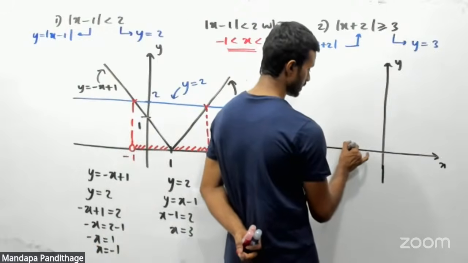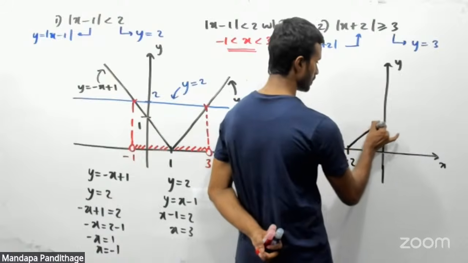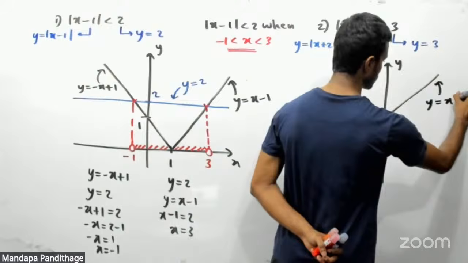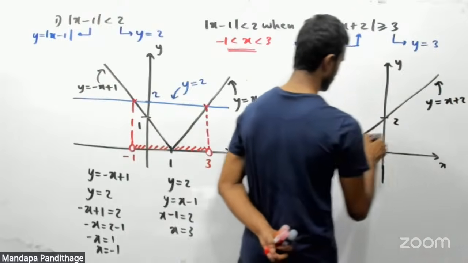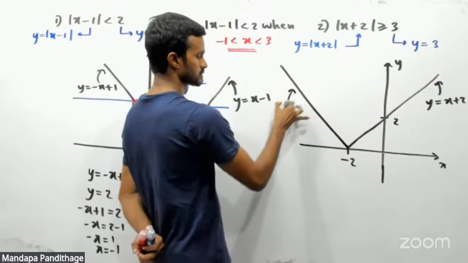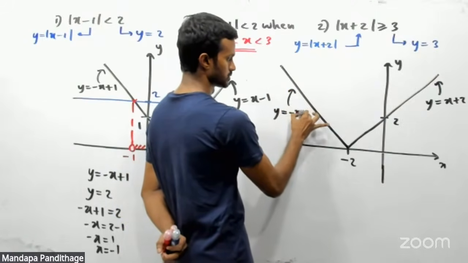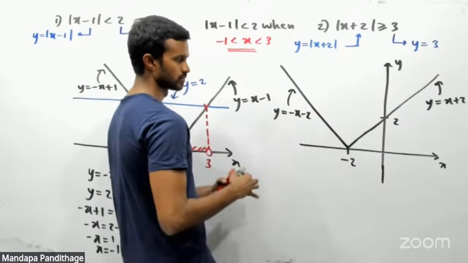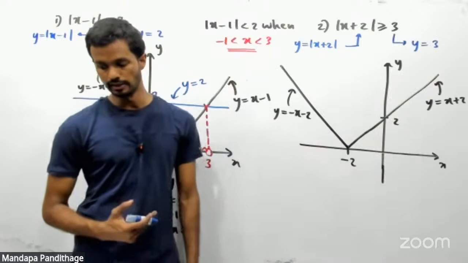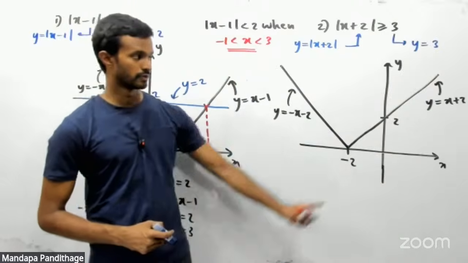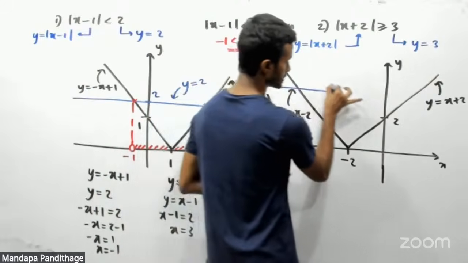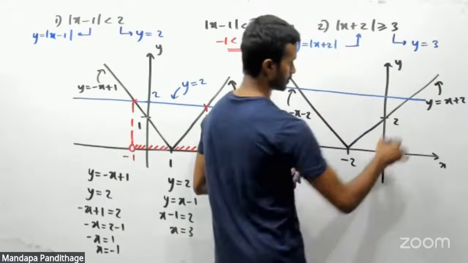It is going through this point, y equals x plus 2, and this point, y equals minus x minus 2. And then draw the graph y equals 3. Even though we mentioned these points as bonus points, it's better if you can mark them because that gives you an idea of the next line you have to draw, which is y equals 3. So it goes in this way.